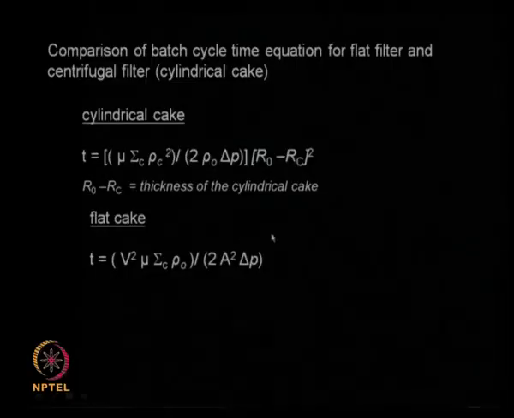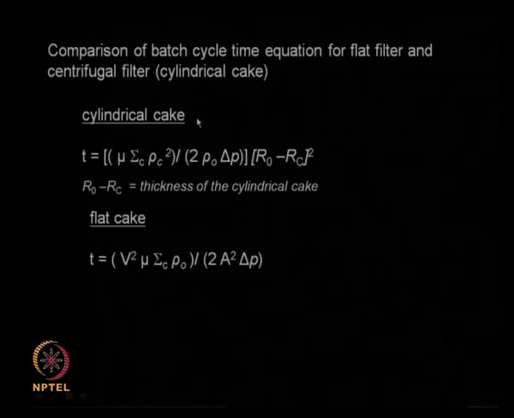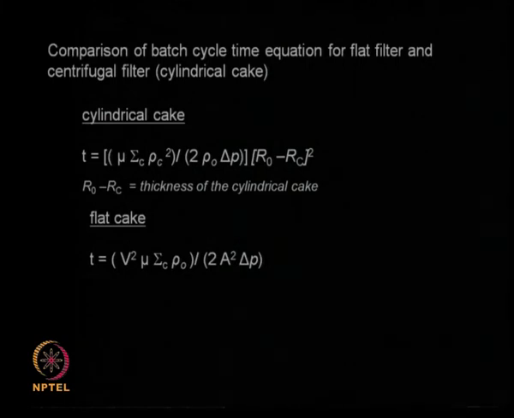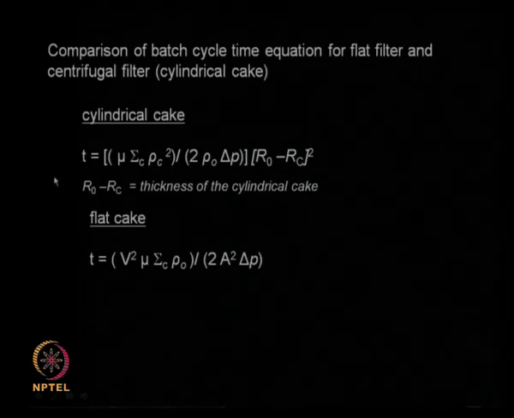If I use a simple flat filter, the cake will be flat, so the equation will be like this, whereas when I am using a cylindrical basket centrifuge, then the cake is also going to be cylindrical, and the cake will be R0 minus RC thickness, but it will be in the form of a cylindrical cake. So the equation for the time will be like this.